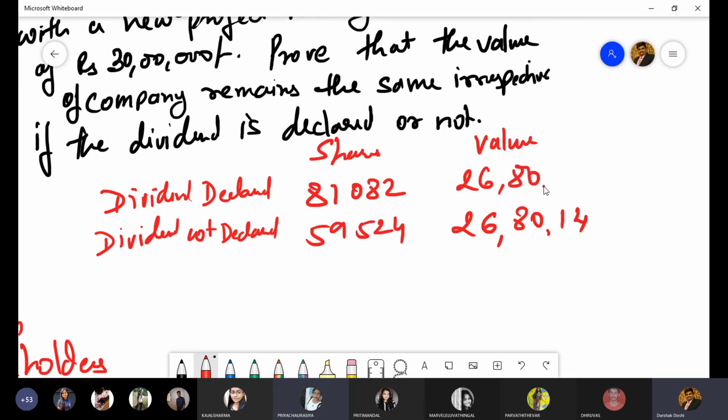And what about dividend not declared? 26 lakh 80,000. I did not get the figure, your voice was cracking.